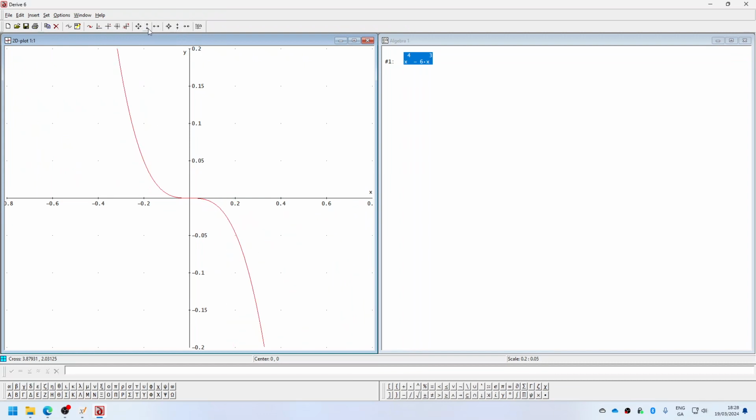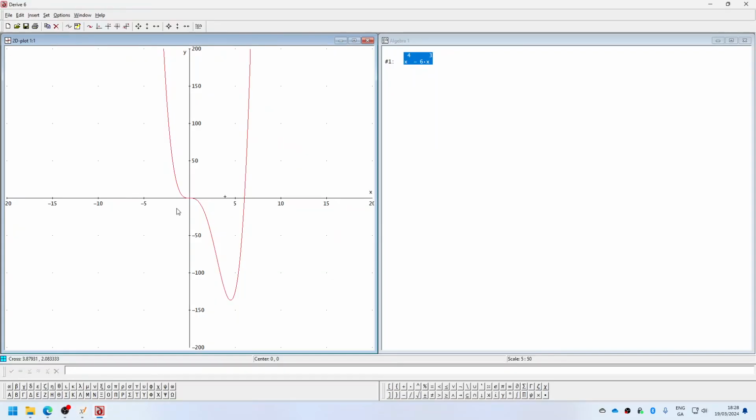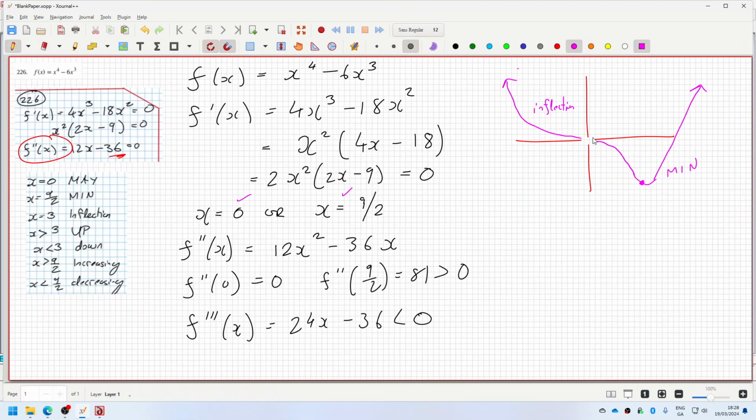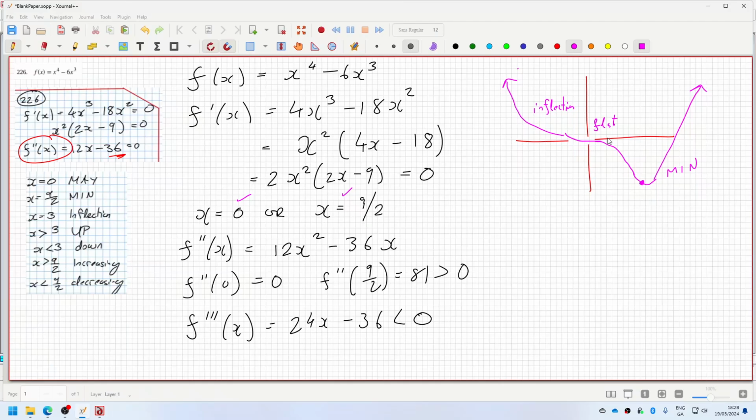Oh, wrong way. Okay. Yeah, I didn't quite get it. It's supposed to be kind of flat here. It's flat. So yeah, that looks good. I'm happy with that.